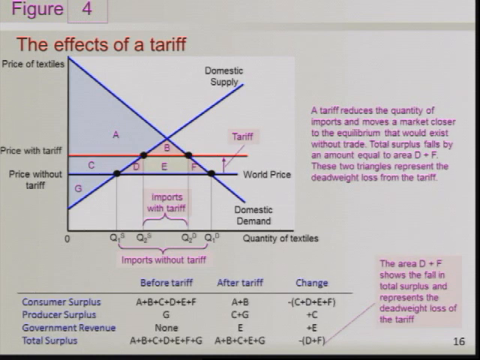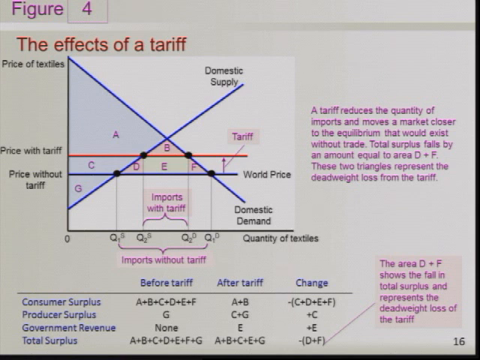Just to recap, before the tariff, if we have opened our borders and we are importing products, our domestic price is going to meet the world price. So we're looking at the world price, that blue line right there. Remember that consumer surplus is the area below demand and above price.